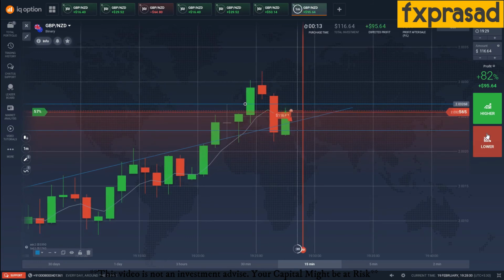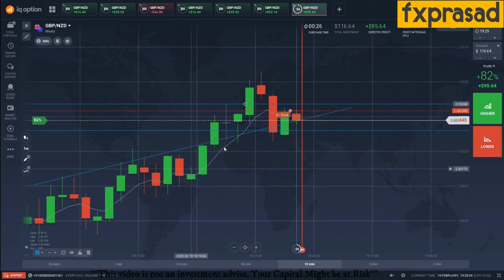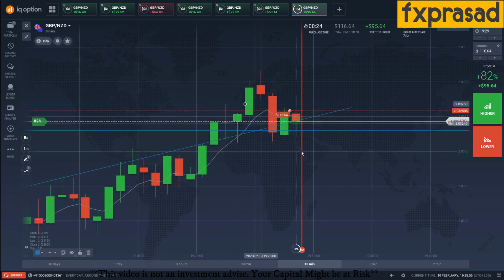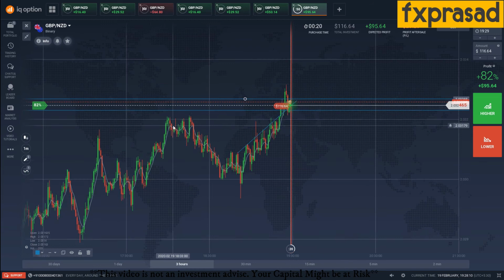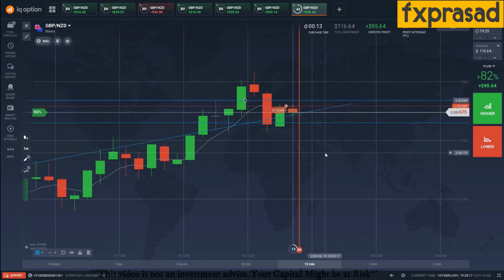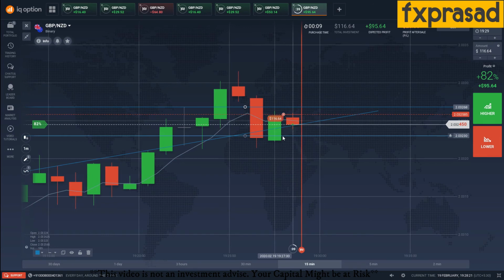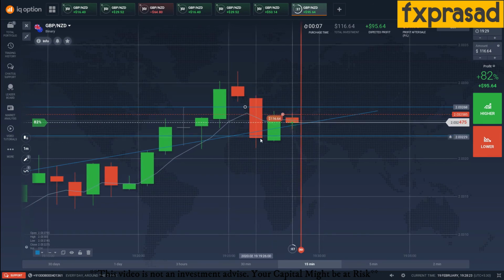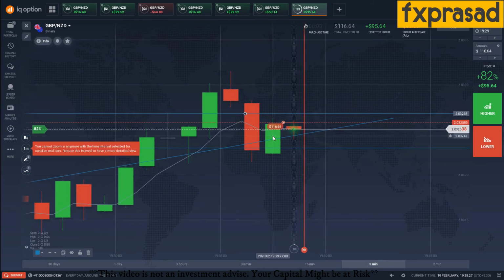I go with sellers, because this uptrend movement is closed, since this area is a very strong level. This one is only a retracement candle, because after two strong red candles, one green candle is a retracement.